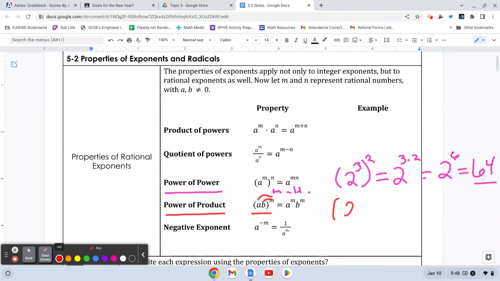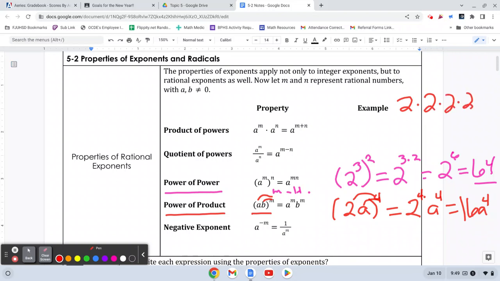So let's say we had 2a raised to the fourth power. This means that the fourth power applies to both things inside the parentheses. So we get 2 to the fourth power, a to the fourth power, which is going to equal 16a to the fourth power, because 2 to the fourth power, remember, is 2 times 2 times 2 times 2, or 16.